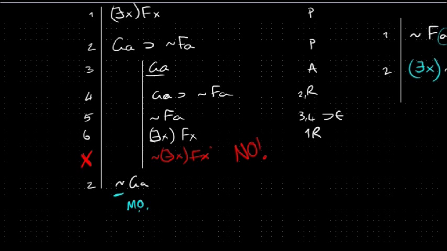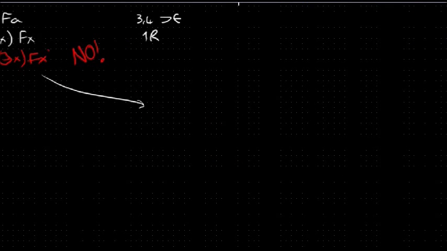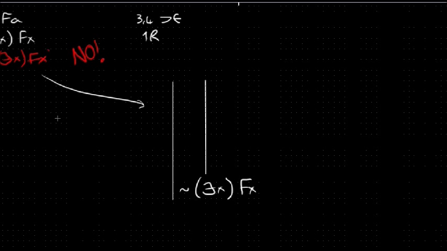The only way that we're going to introduce that kind of formula, so let's say I want to introduce not ExFx, the only way that I'm going to be able to do that is by assuming ExFx and showing that it leads to some kind of contradiction, right?